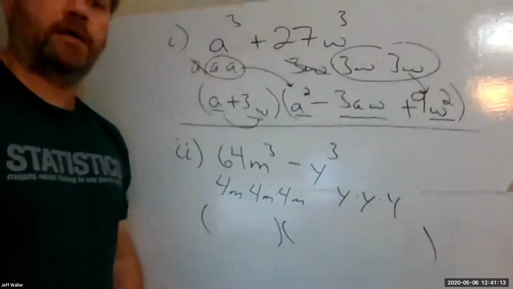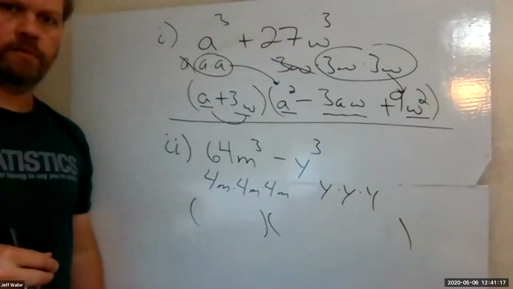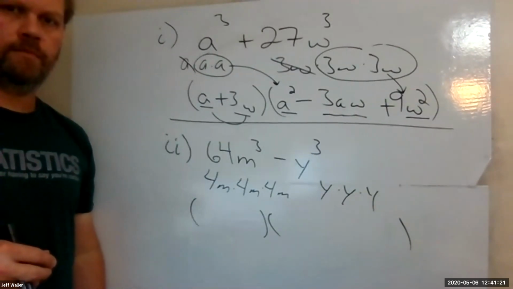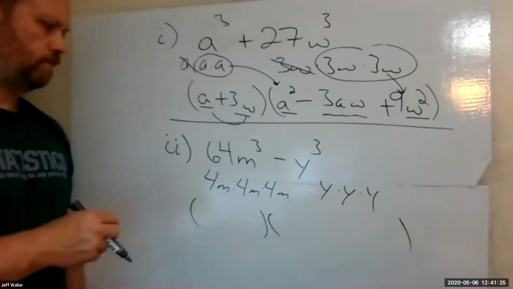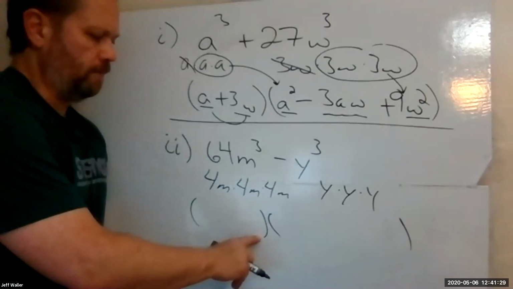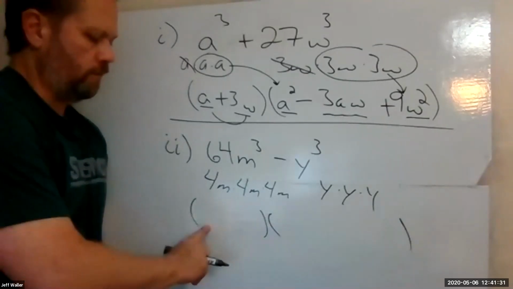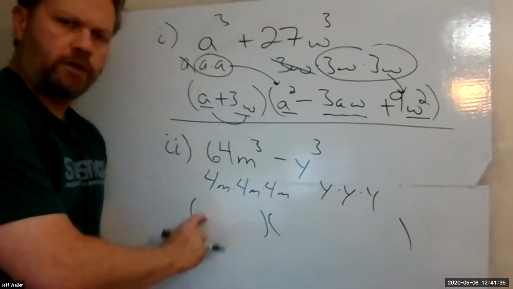Little guy, big guy. So what goes in the little guy? What goes right here? 4m.